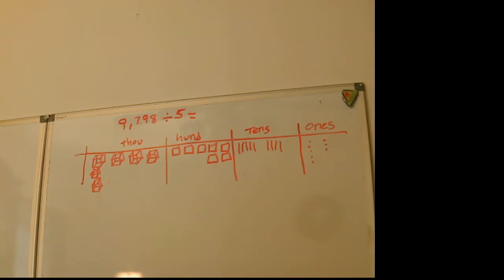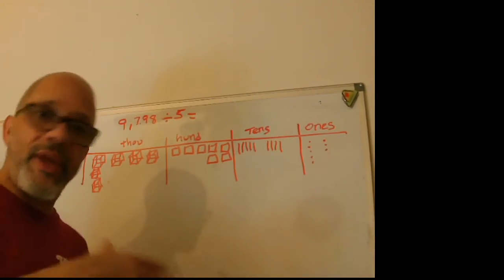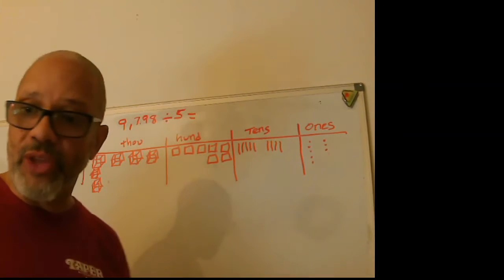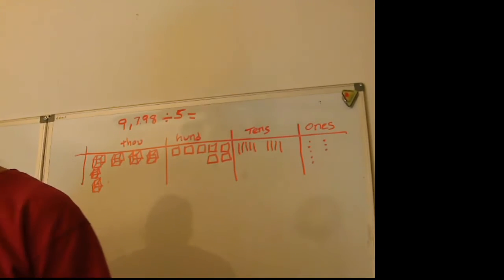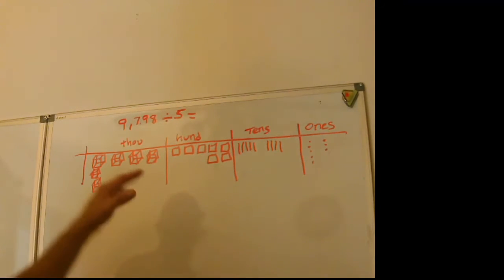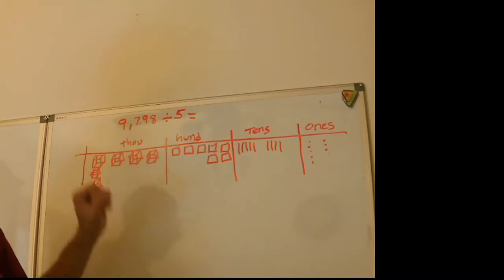Now, y'all are going to need to, I'm going to be pausing this video at strategic times so that you can do it, and then I'll wait, and then I'll do it, and we can move in steps like that and hopefully do it fairly quickly. So I've almost completed setting up the problem, which is, of course, 9,798 divided by 5.